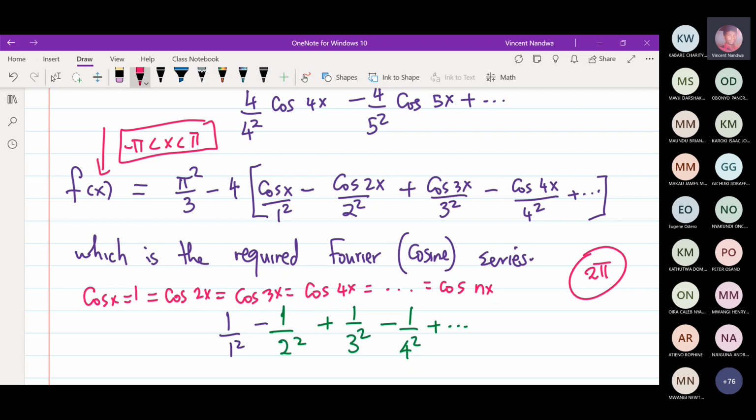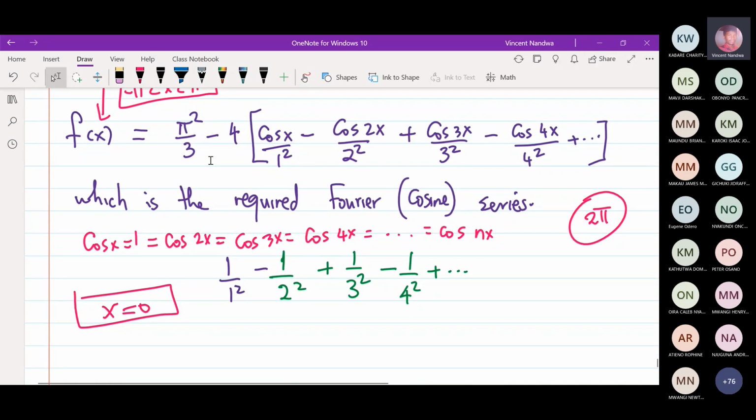So we fix x for 0. It is going to reduce this expression for the Fourier series into a very easy expression involving the series we have to find.